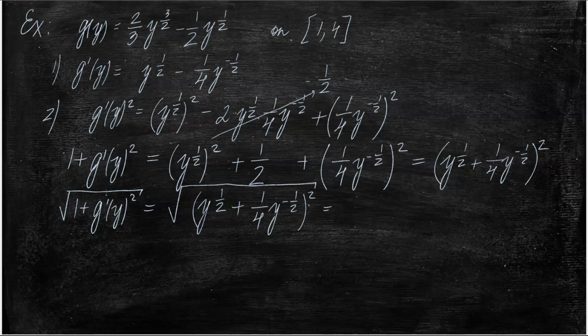And since y is positive, we don't have to worry about the issues with the signs, so we can just remove the square in the radical. And now we're ready to set up the integral.